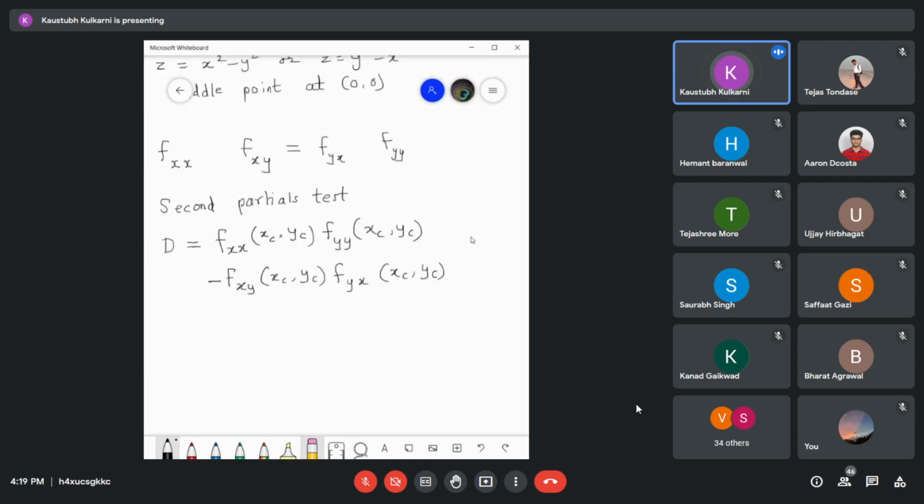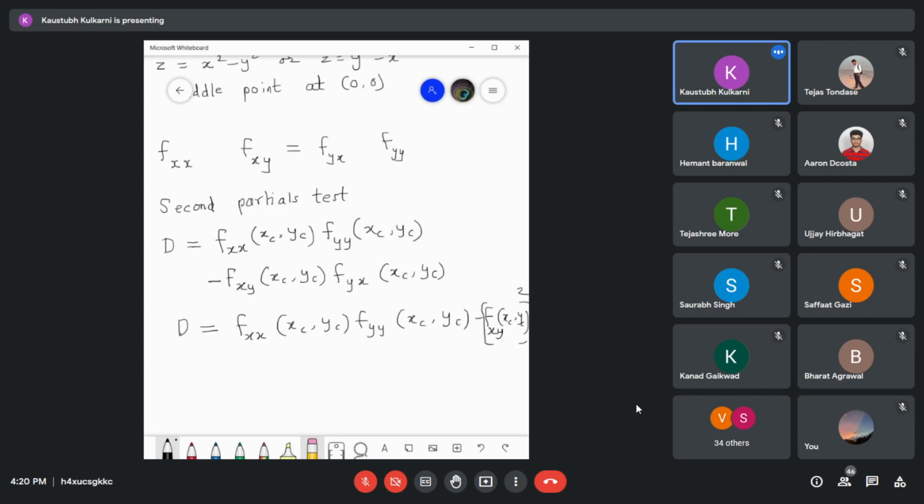Now because these are equal, you can just keep one of them and D becomes f of xx at xc comma yc times f of yy at xc comma yc, minus f of xy at xc comma yc, the whole square.